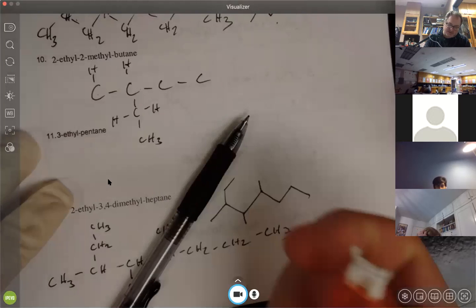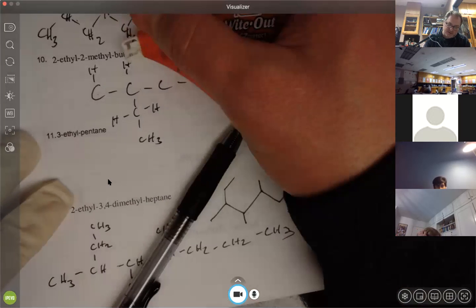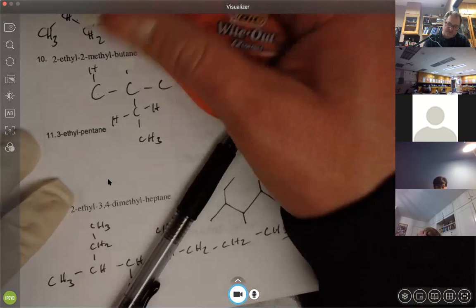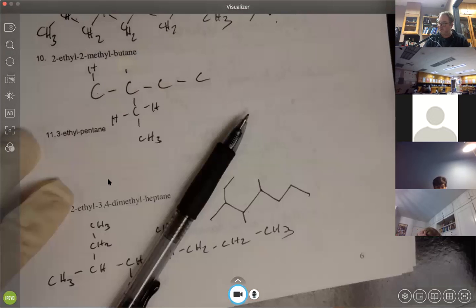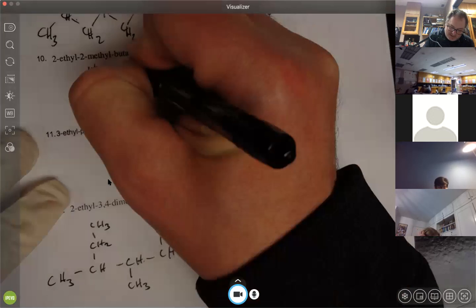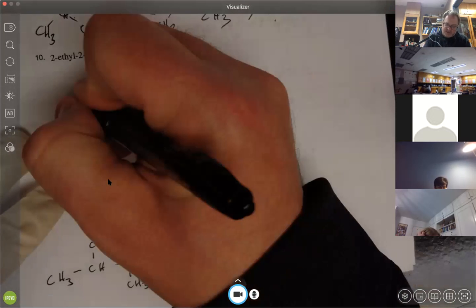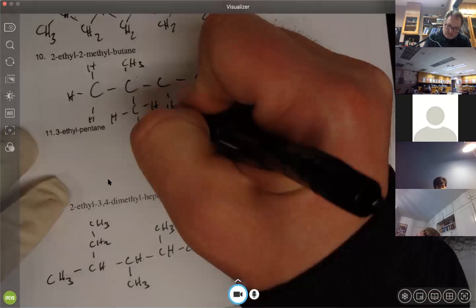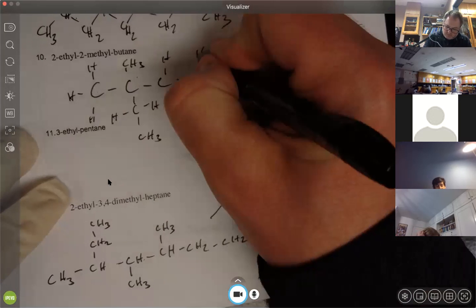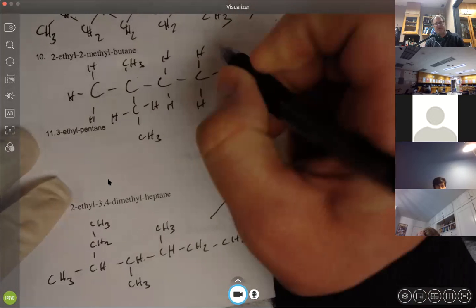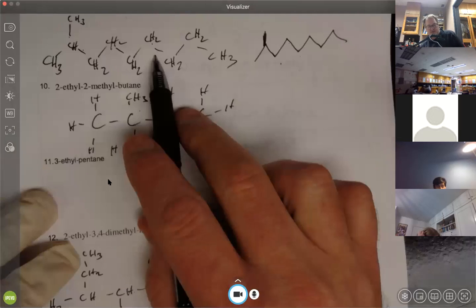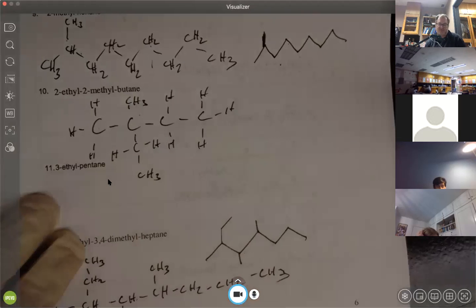I knew I was going to mess up because I even brought my whiteout back here. This is probably my most prized possession, is my whiteout. CH3. And again, you could branch those out. This right here and this right here, in my mind, are considered to be the same type. That's the full structure.